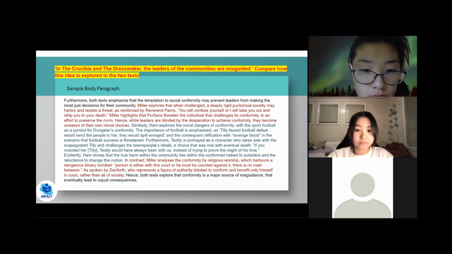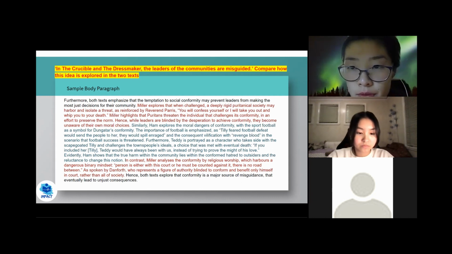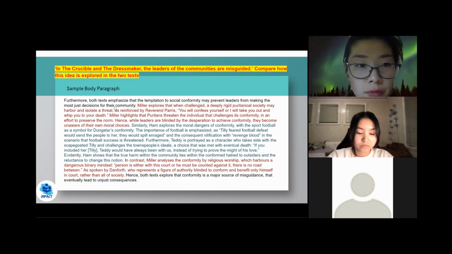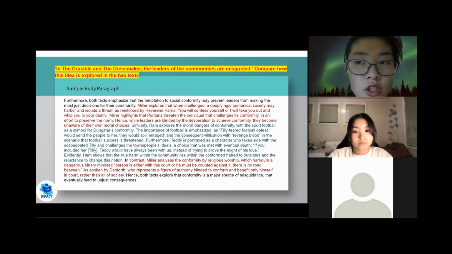Yeah, so I think we'll just quickly actually go through the topic sentence as well. "Furthermore, both texts emphasize that the temptation to social conformity may prevent leaders from making the most just decisions for their community." And we can see that it's linking to the essay topic, given that some of the keywords of the essay topic are used.